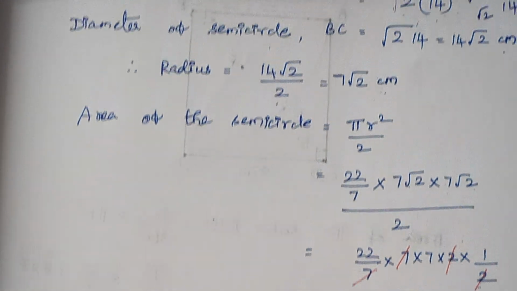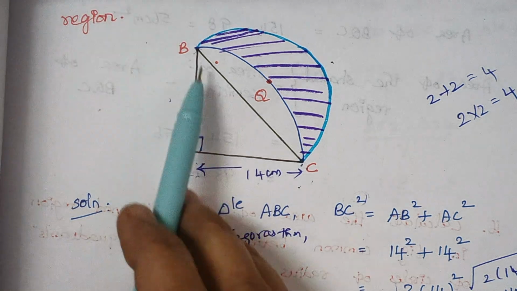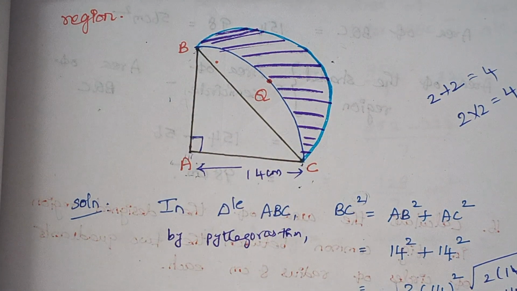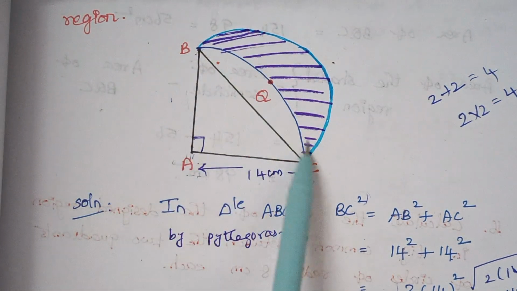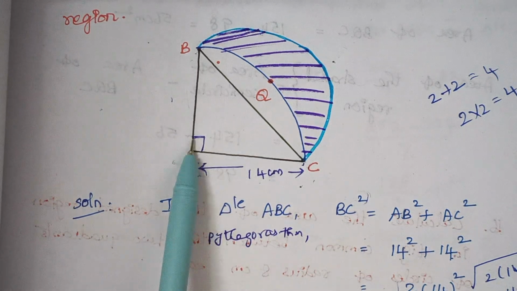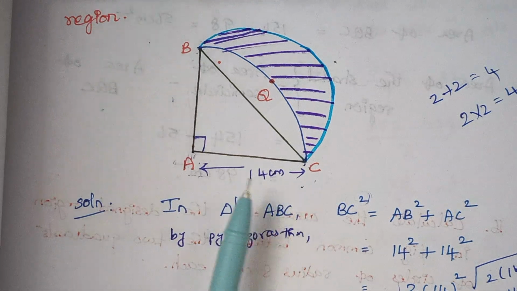So now as a next step, we have calculated the area of this semicircle, right? The next step is, now we are going to find the area of this sector, right? So as we know that here the angle is 90 degree and the value of r is 14, it is directly given.